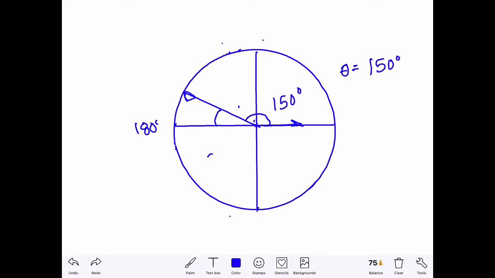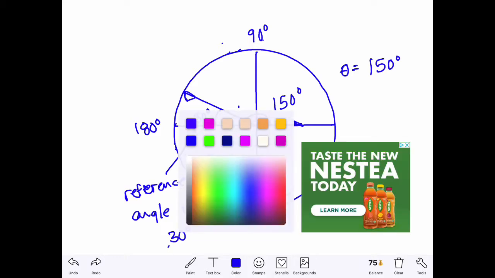And again, if this is 180, again, that's 90. If I went 150, well, how much is left to get me to 180? Well, 30 degrees. So my reference angle is 30 degrees. Okay, let's do another one.